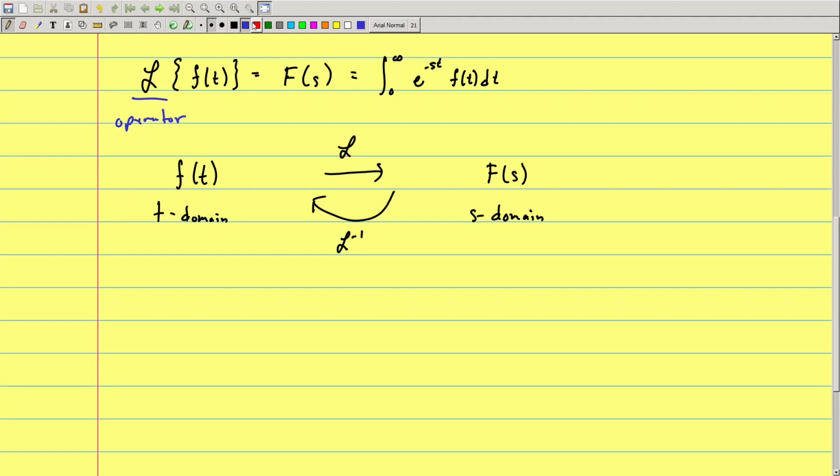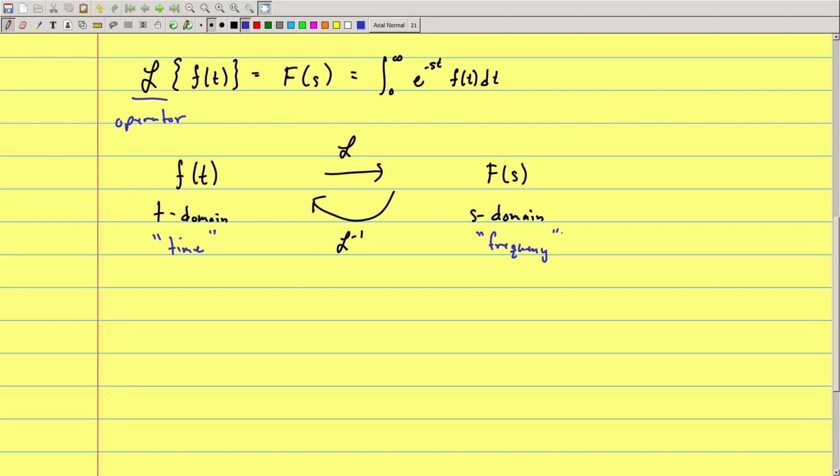Now, I'm going to try to avoid using this language, but occasionally when we're talking about integral transforms, we may refer to one domain as the time domain and the other domain as the frequency domain.